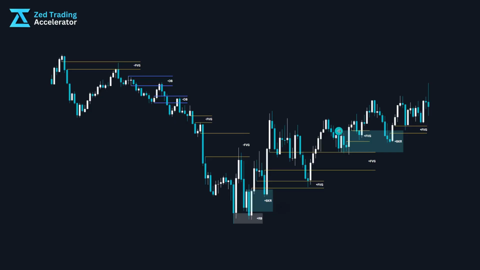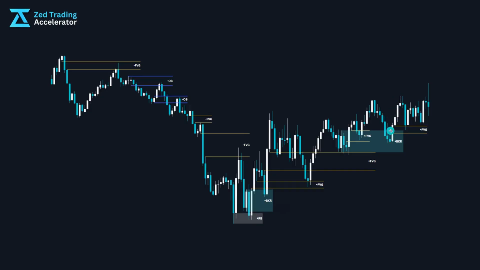We want to see price respect either this fair value gap or this breaker block. Price retraced lower, respecting that fair value gap, and has now shifted higher. Price respected this breaker block and has now continued higher.